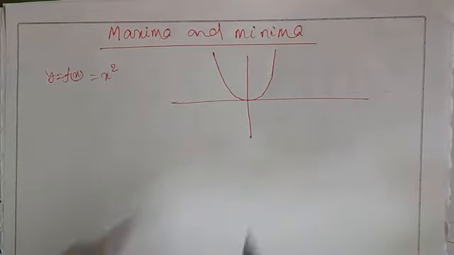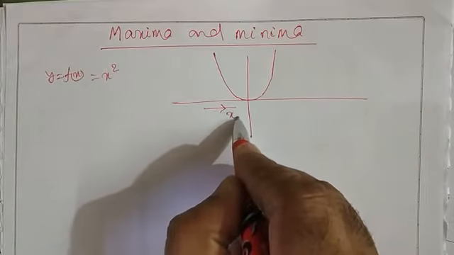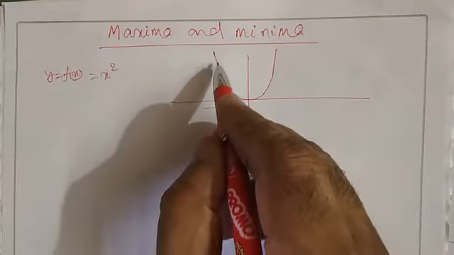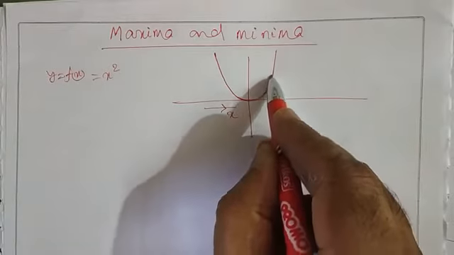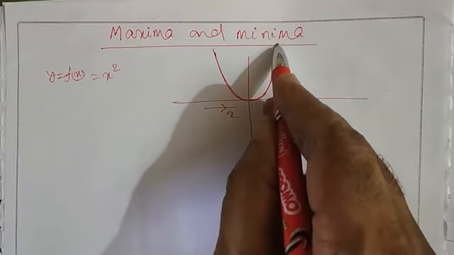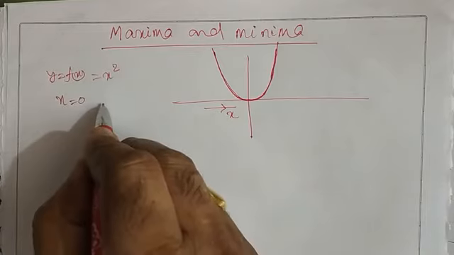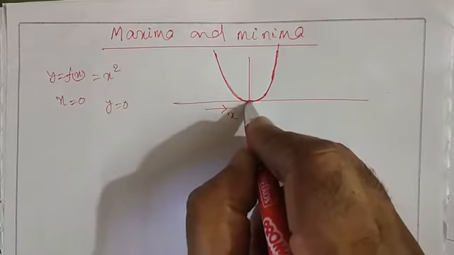This is the parabola. When I go on increasing x, you see what happens for this function. At x equal to 0, we have y equal to 0, this point.